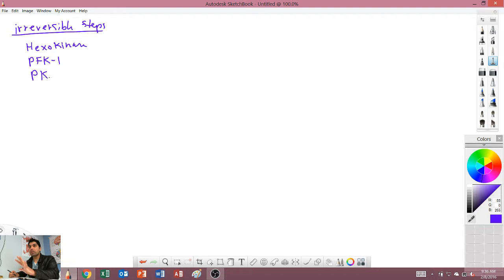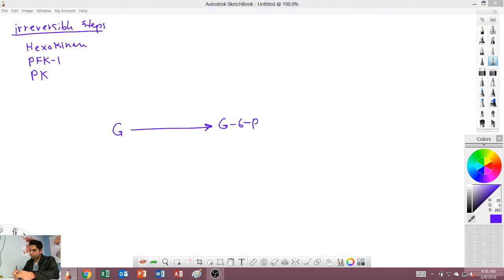These enzymes are irreversible. They cannot do the opposite reaction. For example, let's start with hexokinase. As far as we know, hexokinase converts glucose into glucose 6-phosphate. It can only do this. Cannot do the reverse. The same enzyme cannot do both directions, it can only do one direction.